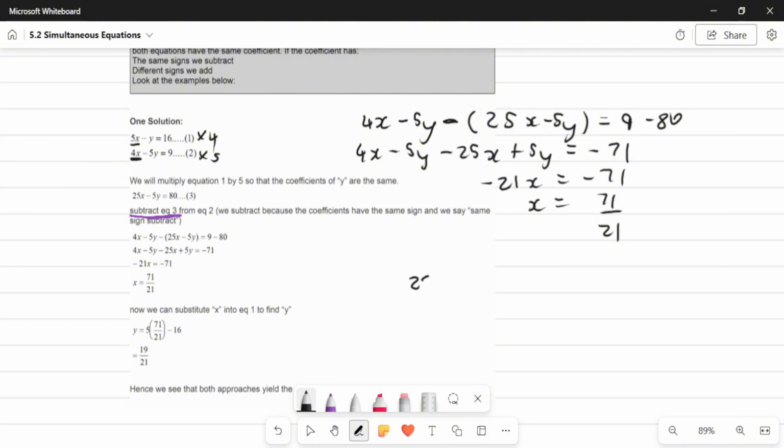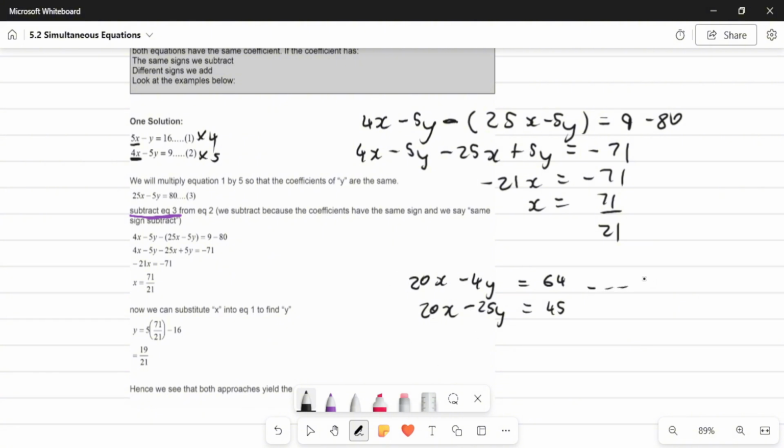So let's do that. You'll have 20x minus 4y is equal to 16 times 4, which is 64. Right? And if you look at equation 2, 4 times 5 is 20x, 5 times 5 is minus 25y, is equal to 9 times 5, which is 45. And now, because both these variables have the same sign, I'll subtract.